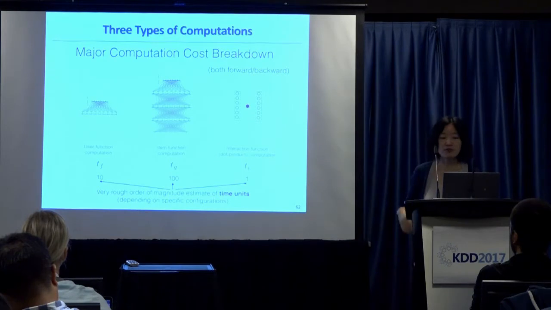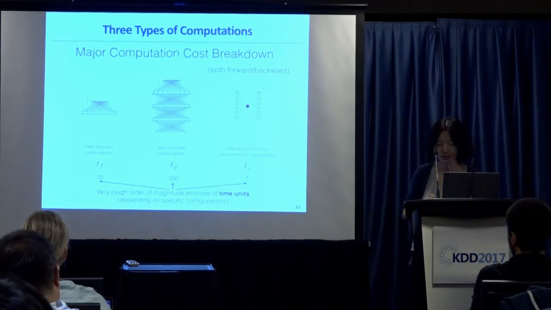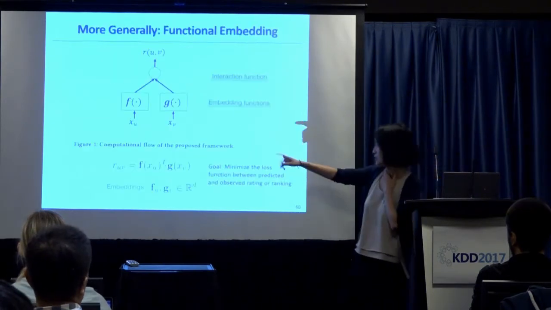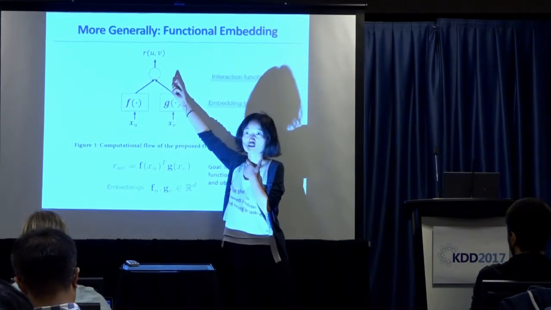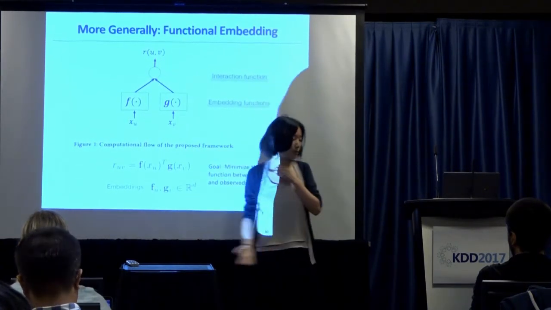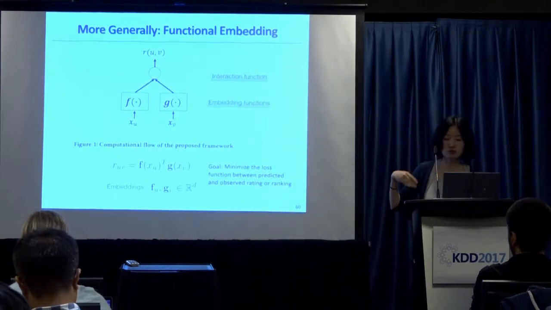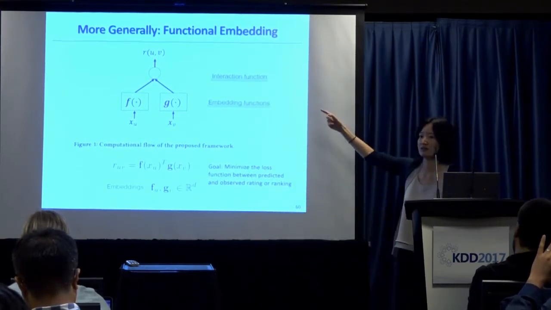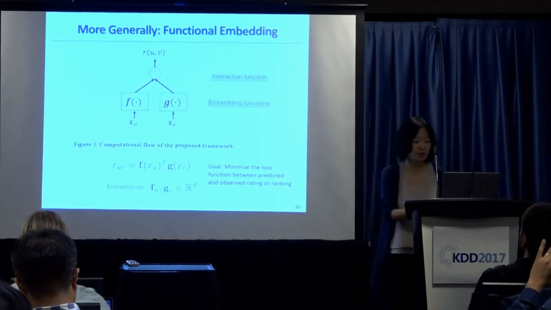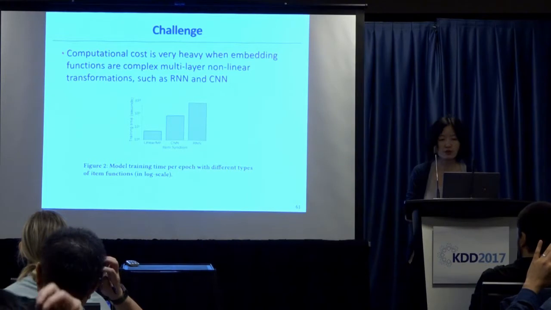If we further break down the computations, essentially we need to do the mapping and then the dot product. This is the feed-forward part. And if you do backward propagation, you need to do the derivative, going inside f and g. Anyway, the computation involves three parts.